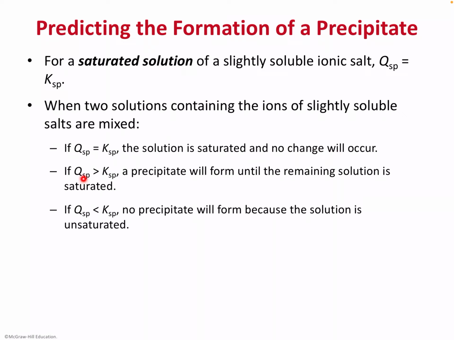If Qsp is greater than Ksp, a precipitate will form until the remaining solution is saturated. If Qsp is less than Ksp, no precipitate will form because the solution is unsaturated.